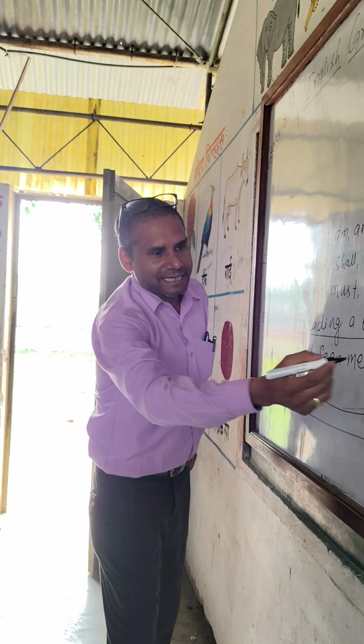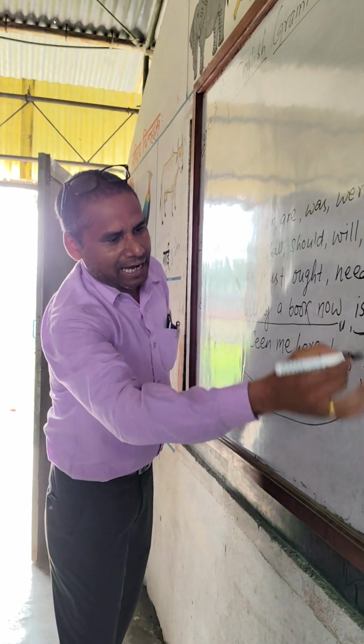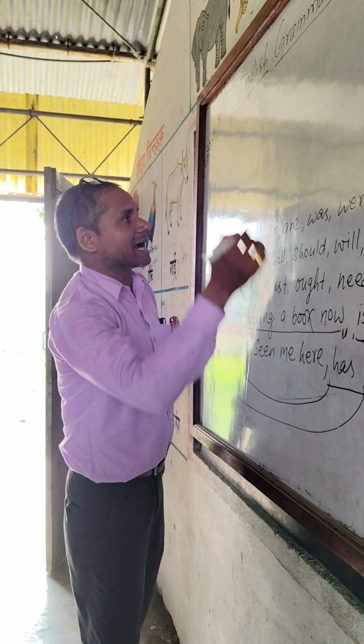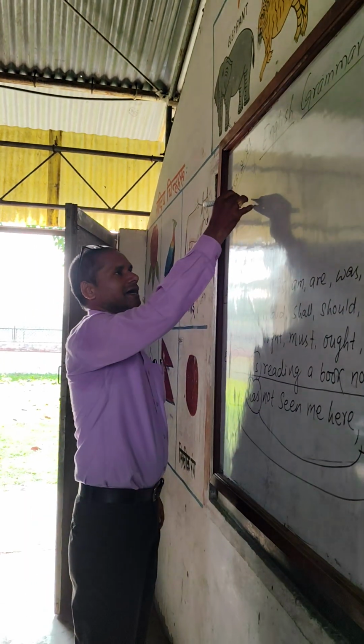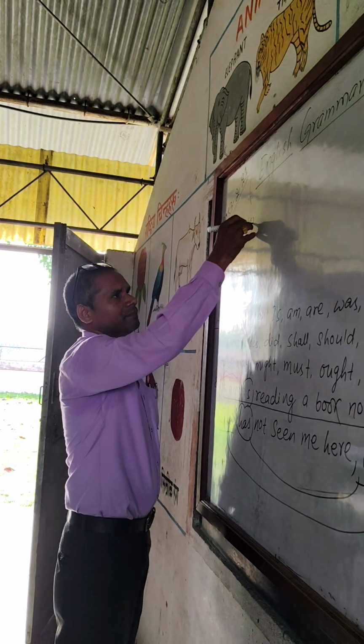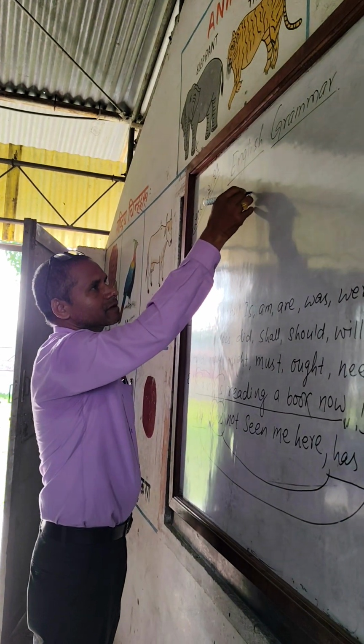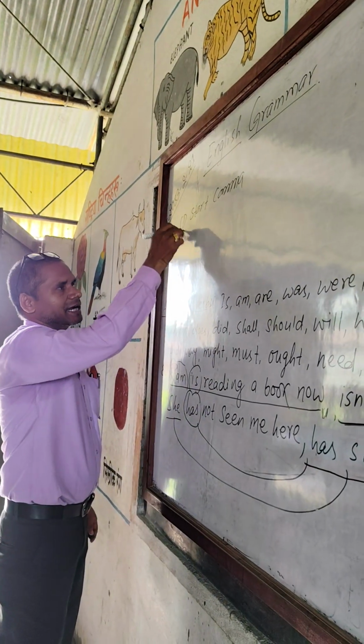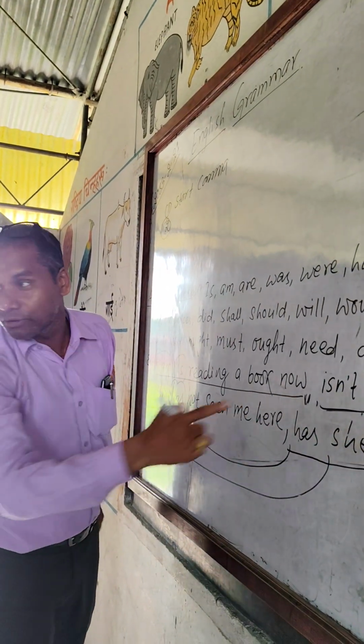So this area is known as a question tag. The question tag starts from the comma. Second, you need the auxiliary verb.